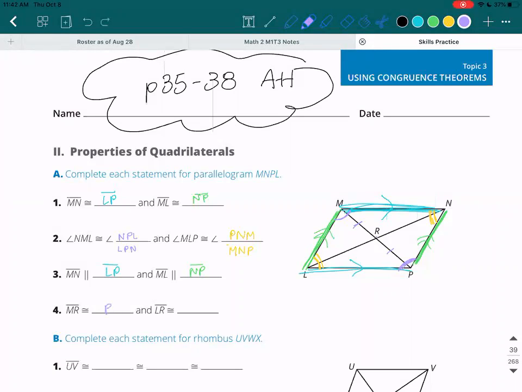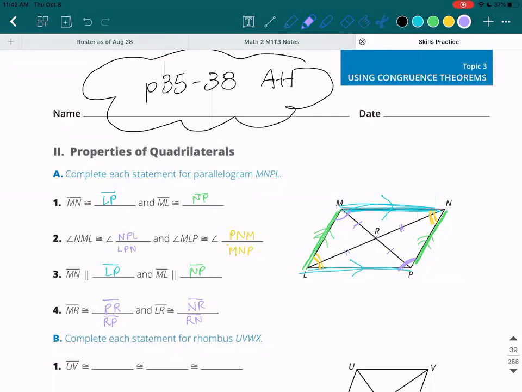By the way, if you write RP, it's fine as well. And last but not least, we have LR. This one is congruent to which piece? RN. RN and NR are the same thing. Whichever one you put is perfectly fine.